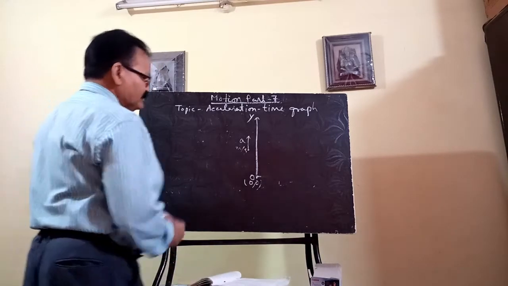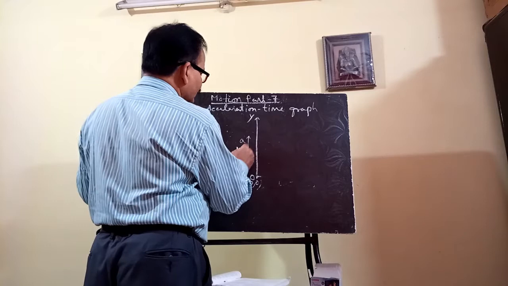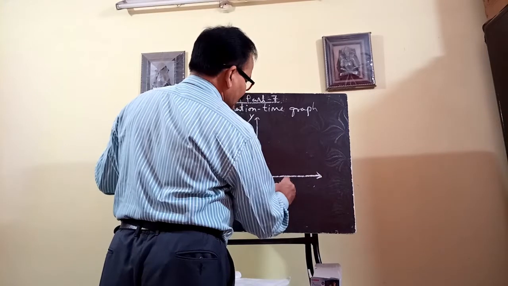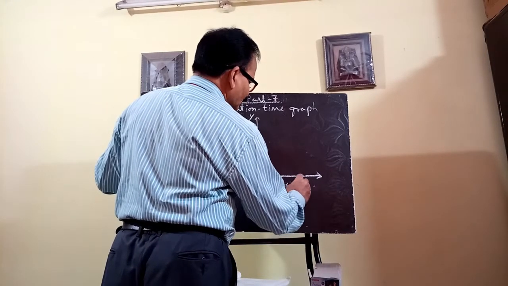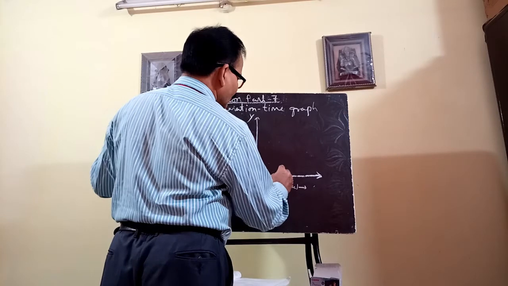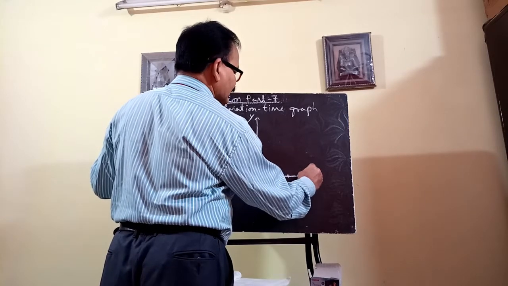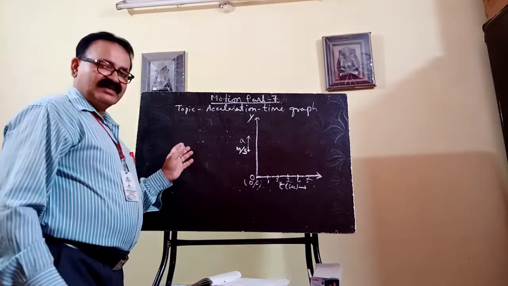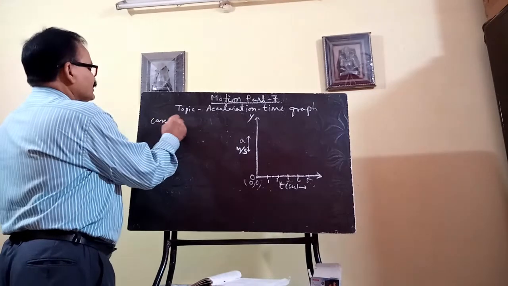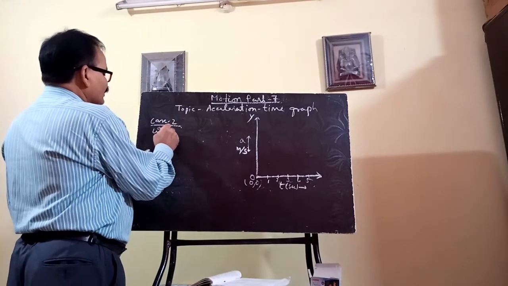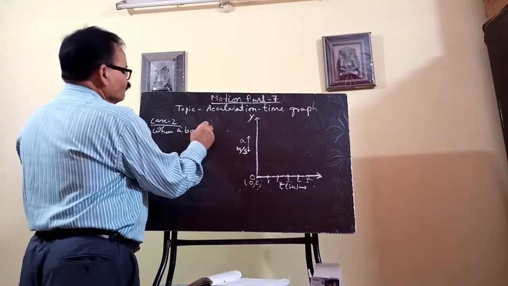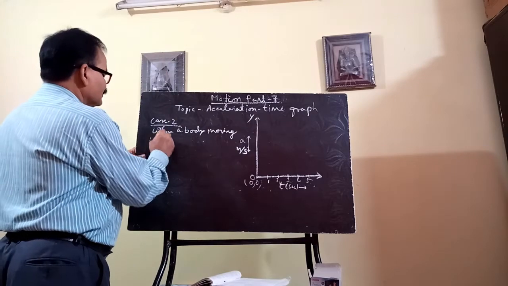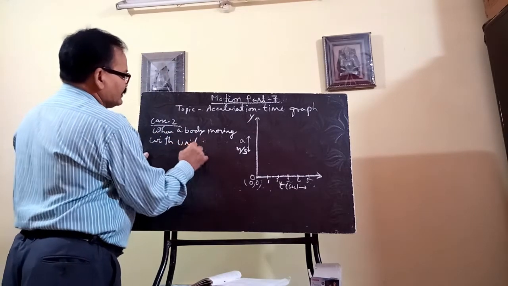Case 2: suppose the body is moving with uniform acceleration, at 1 second, 2 seconds, 3 seconds, 4 seconds, 5 seconds.